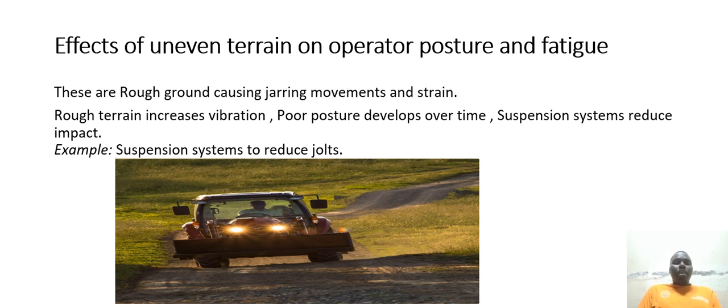Rough ground causes rolling movement and strain. Rough terrain increases vibration. Poor posture develops over time. Suspension systems reduce impact. Example, a suspension system to reduce jolts. That is the picture of the person who drives a tractor on a slope region.